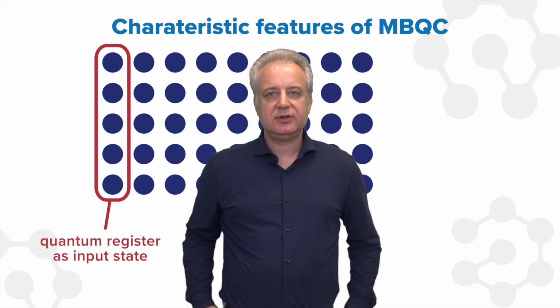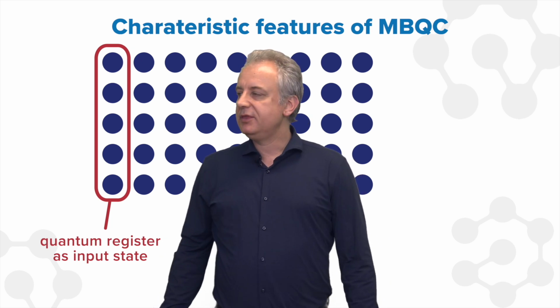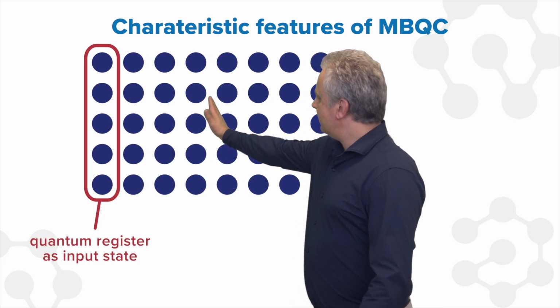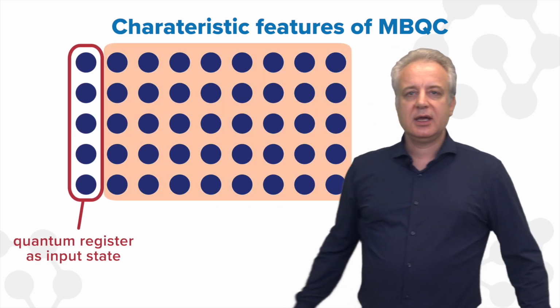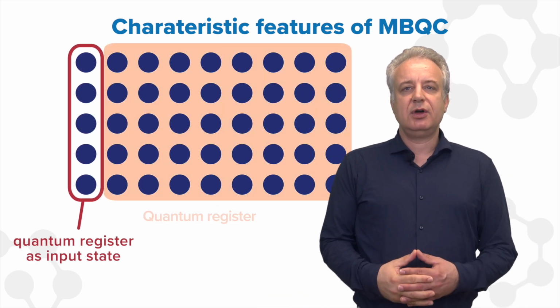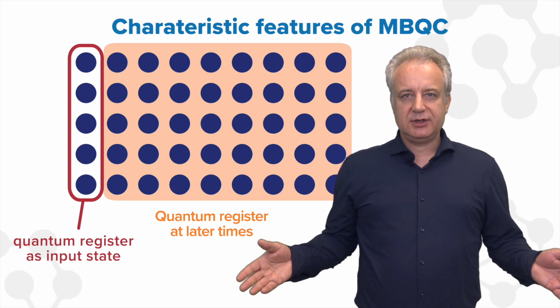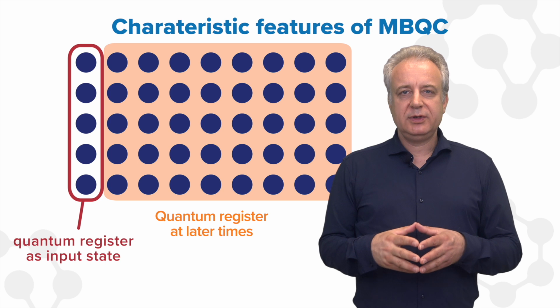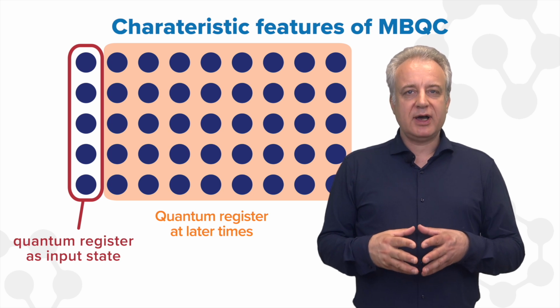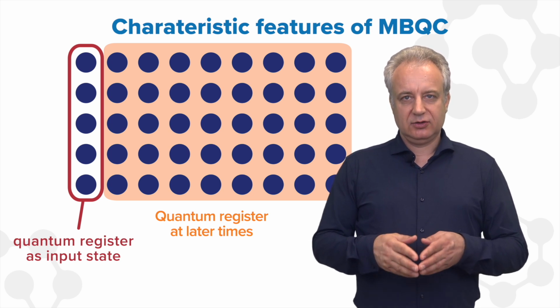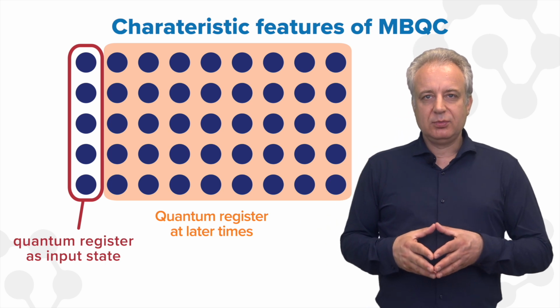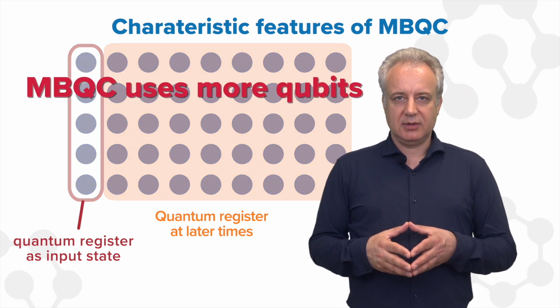That's the qubits you would have in the circuit model. But then you have all the other columns next to it, and they represent the quantum register at later times. In measurement-based quantum computation, all these qubits need to be provided at the beginning. So you have to use more qubits than in the circuit model.